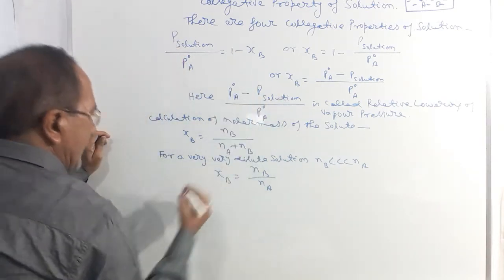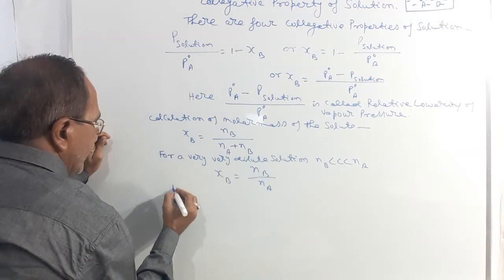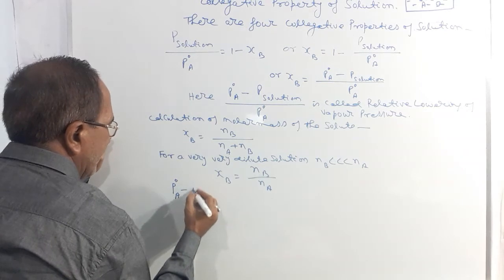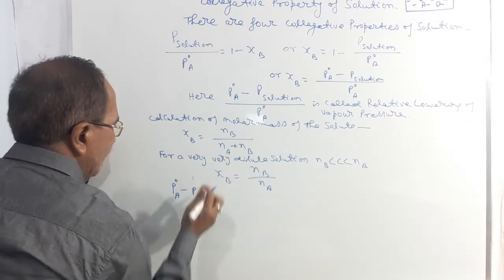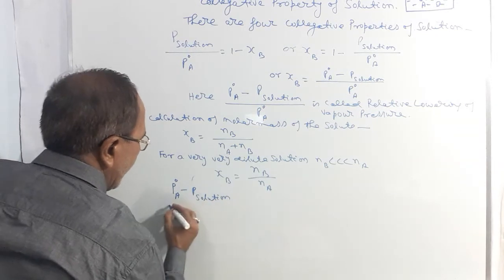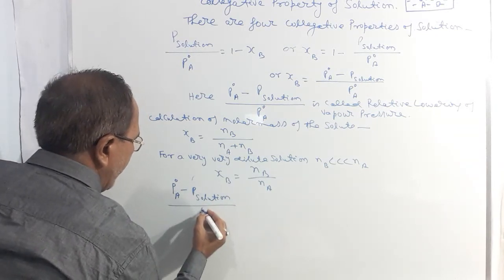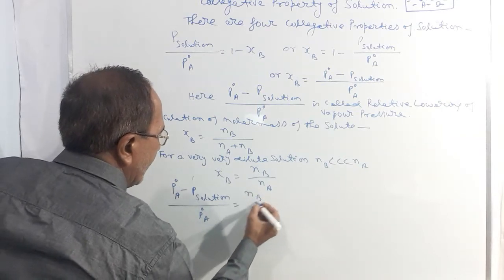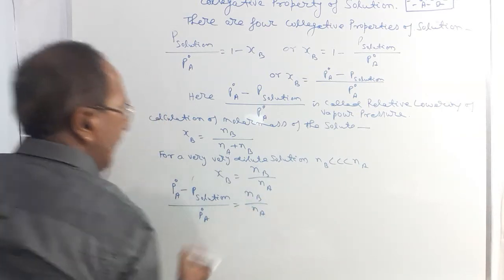Hence this is (P naught A minus P solution) by P naught A equal to nB by nA.